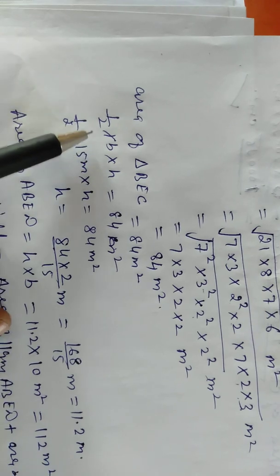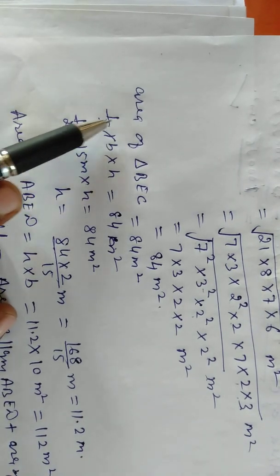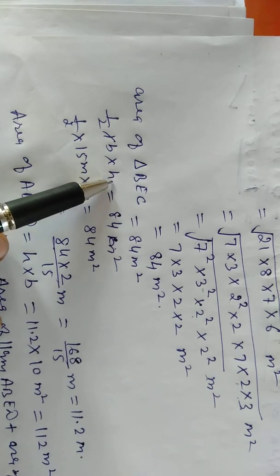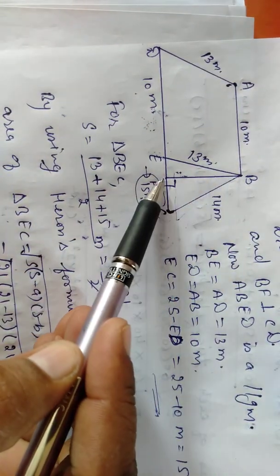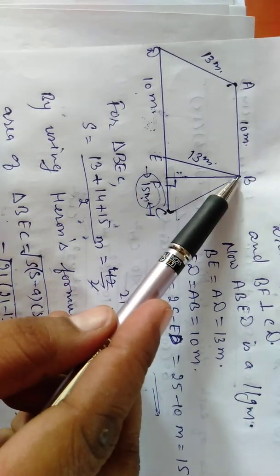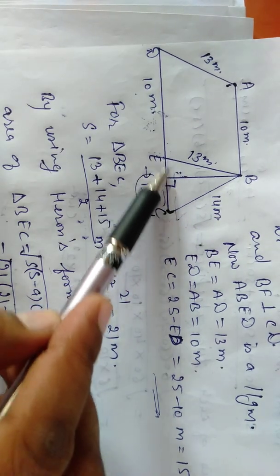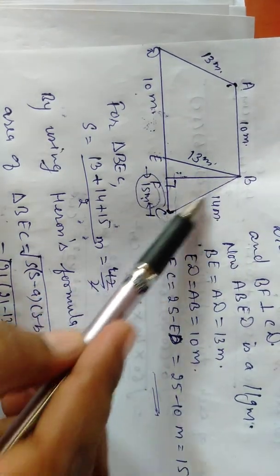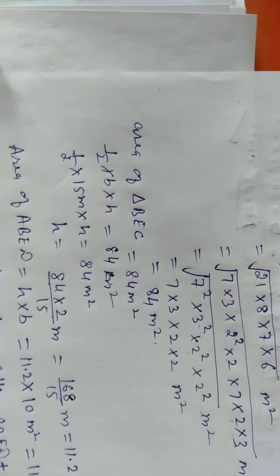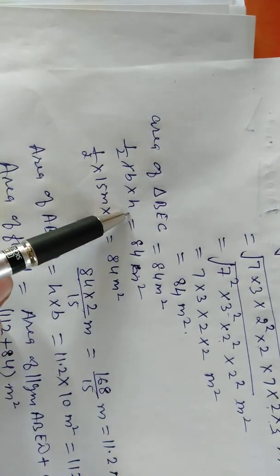And also we can find the area of the triangle by using half into base into height. If we are given the height, meaning the perpendicular, and we have drawn a perpendicular here, we can find the area of this triangle using the same formula, 1 by 2 into height into base, and by Heron's formula we got 84, right? So this is nothing but 1 by 2 into height into base.